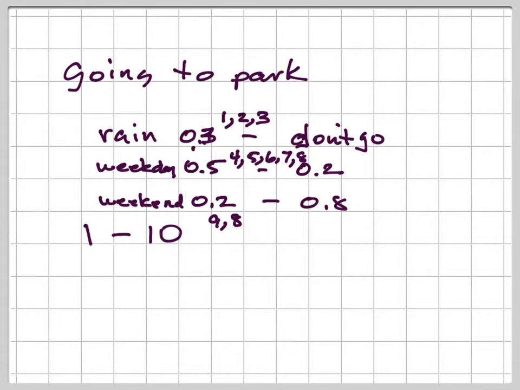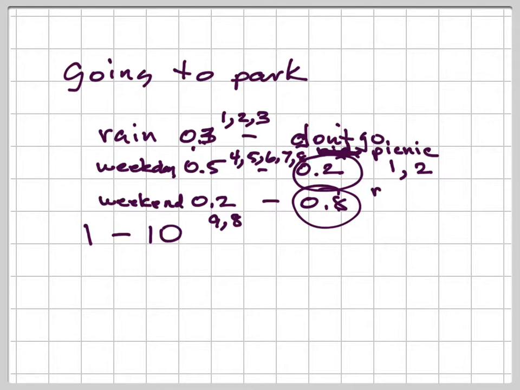But we also have these probabilities to account for. Again, tenths, so that's 10 numbers. Let's say this one's picnic and this one's ride the roller coaster.